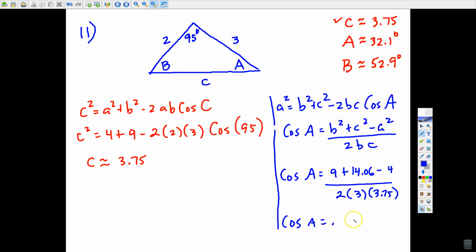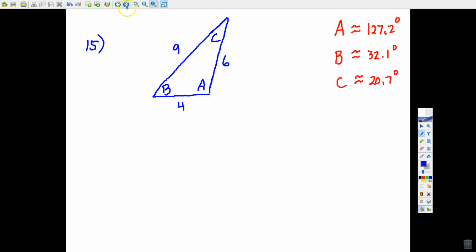The result of this is 0.847111, and now we'll do inverse cosine of this, and sure enough, rounded, it becomes 32.1 degrees. So that checks. And now we can use 180 minus 95 minus 32.1, and we will get 52.9. So those are 2 examples of law of cosines.